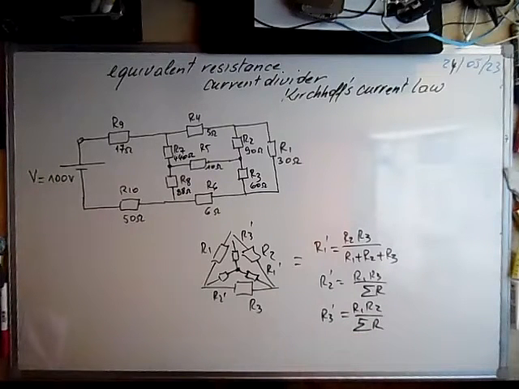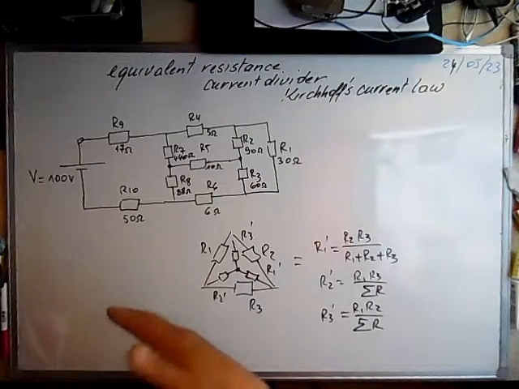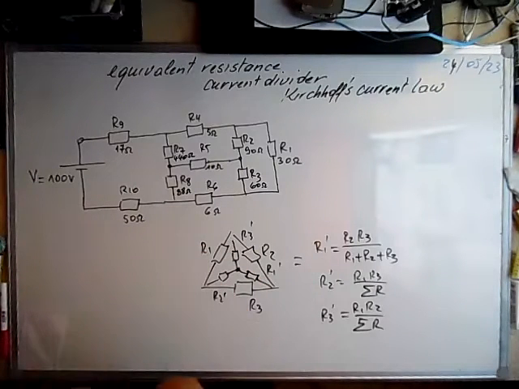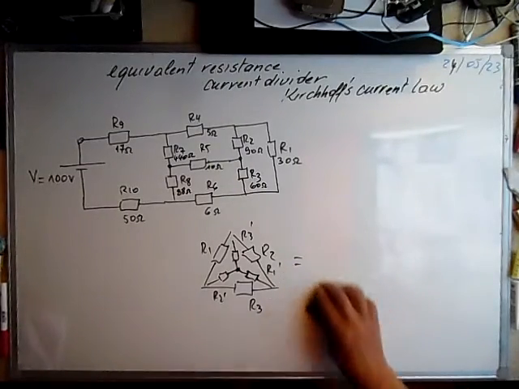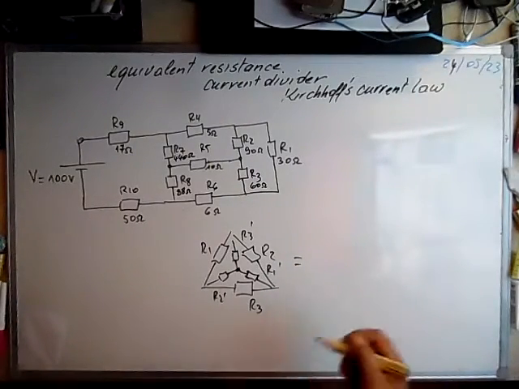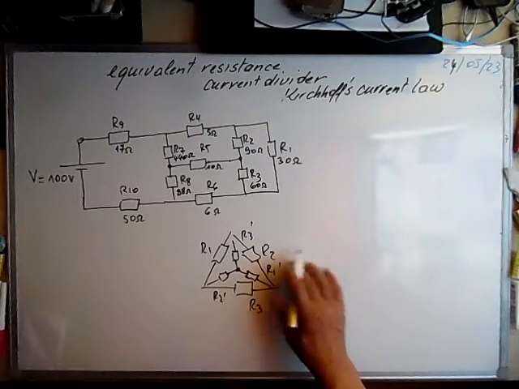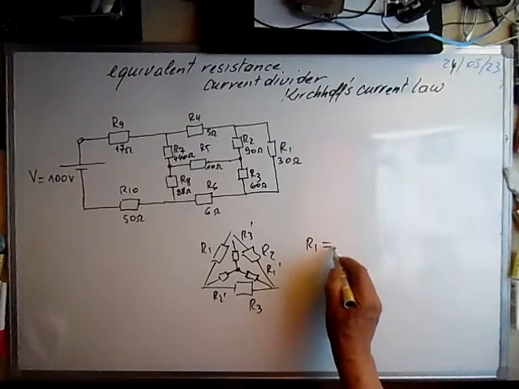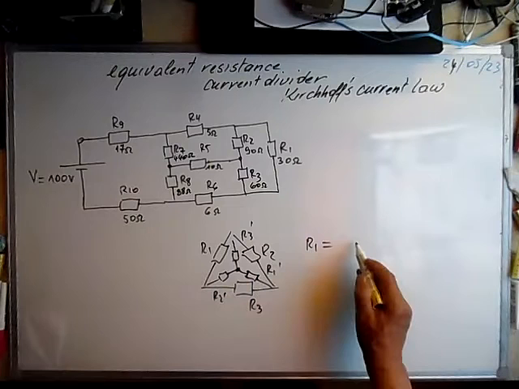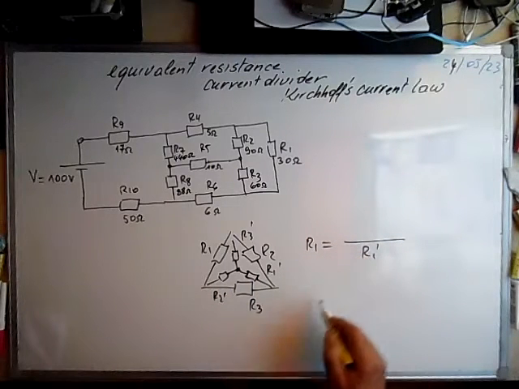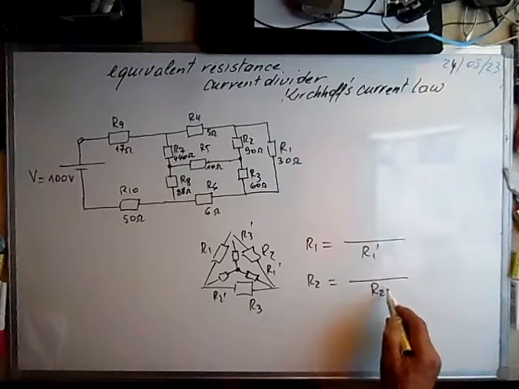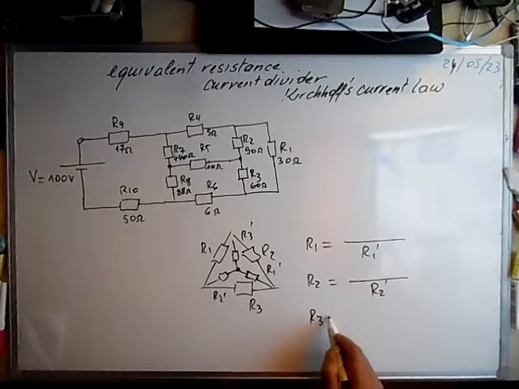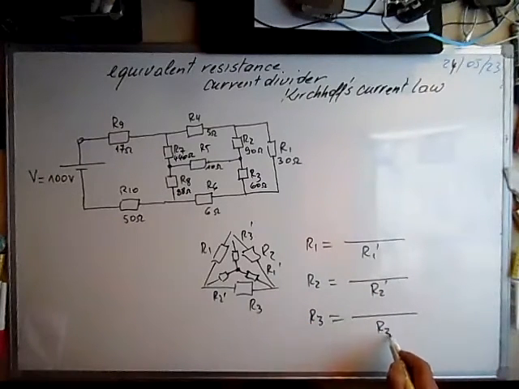Now, if we have to calculate the delta equivalent of a star, then the equations will be as follows. R1 will be divided by R1 prime, R2 will be divided by R2 prime, R3 will be divided by R3 prime.